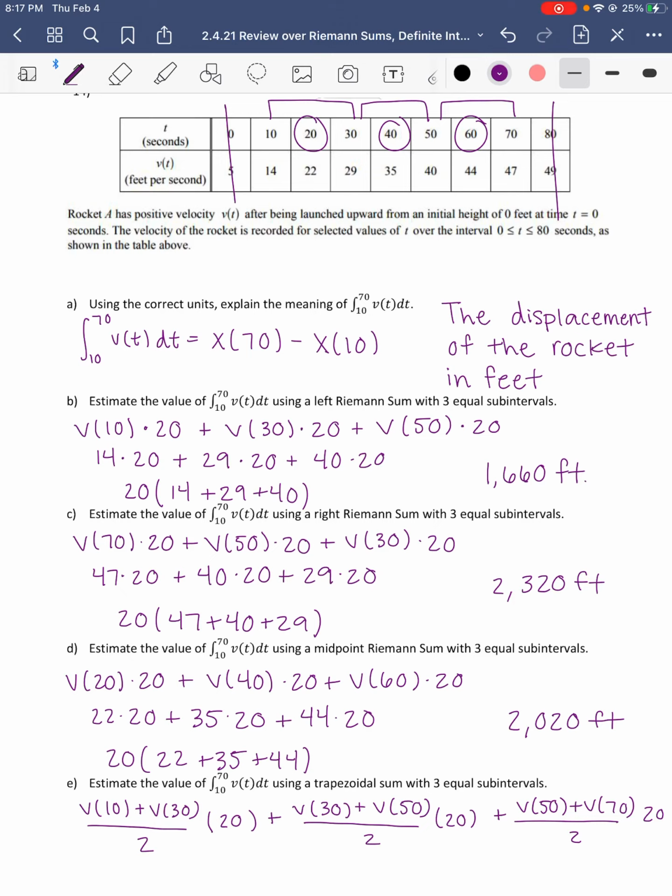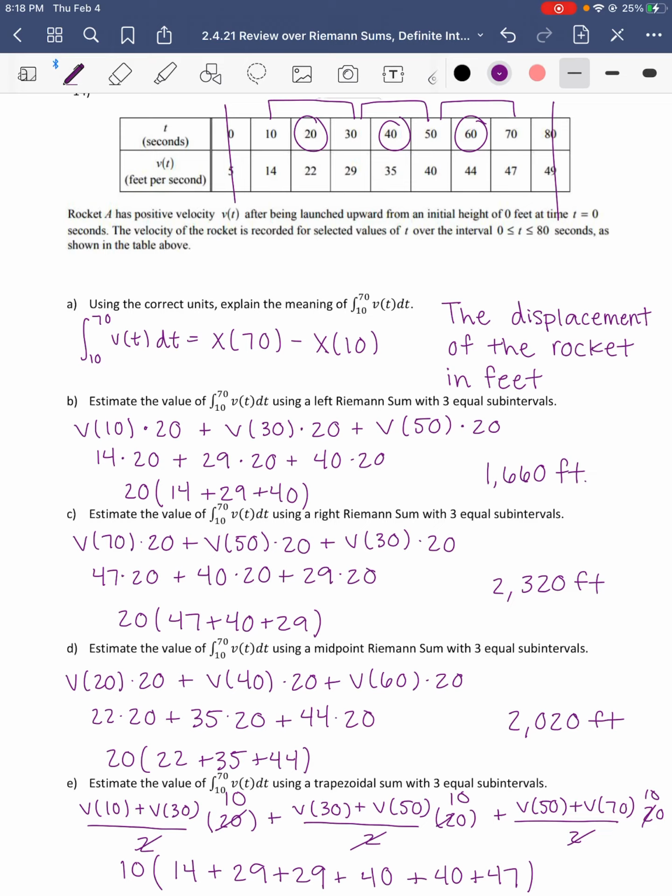And for all of these, notice the 20 and the 2 become a 10. So I'm just going to factor out a 10 and see what we get. So V of 10 is 14. V of 30 is 29. 29 again. V of 50 is 40. And then V of 70 would be 47.